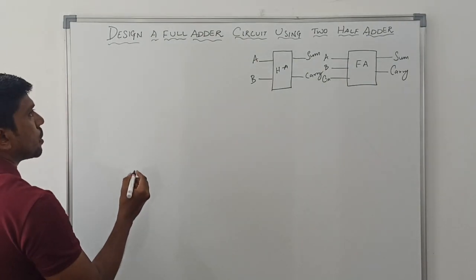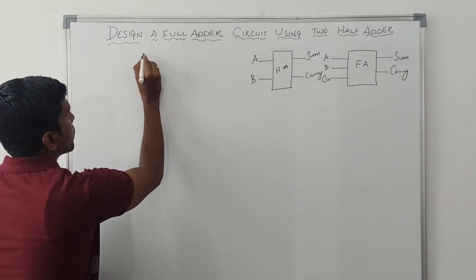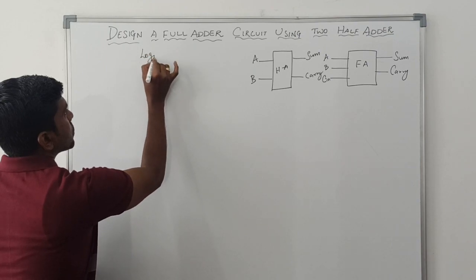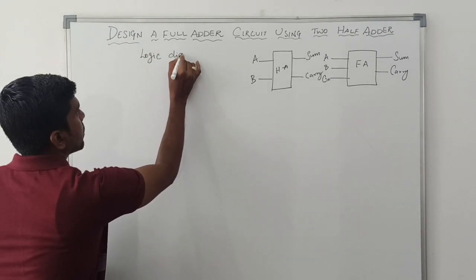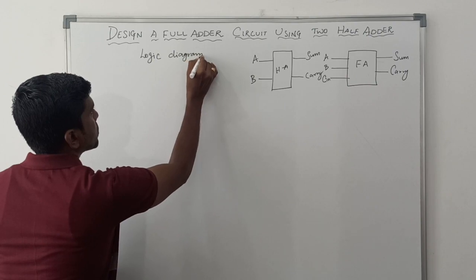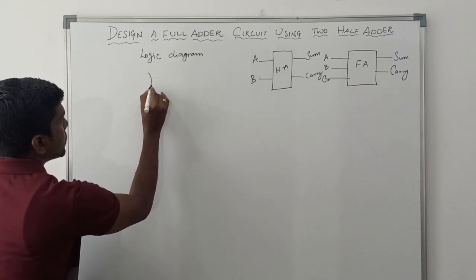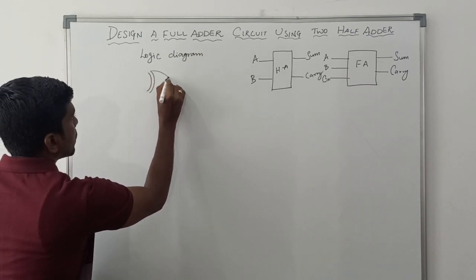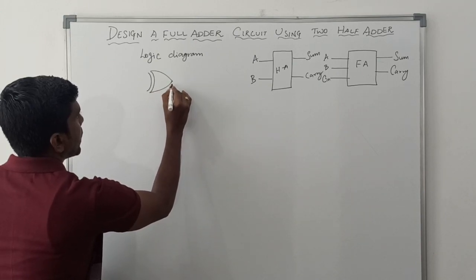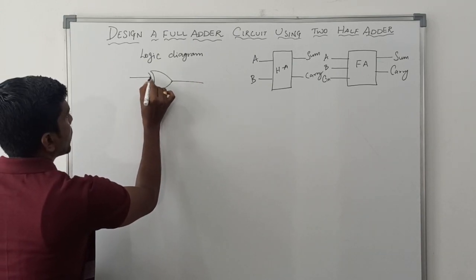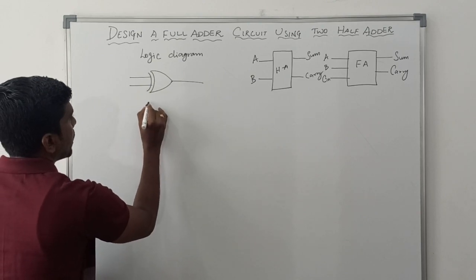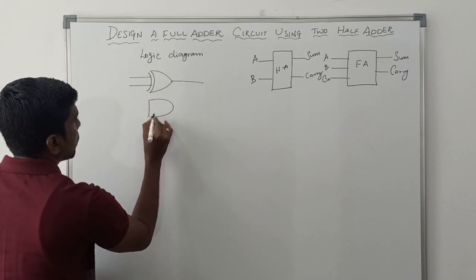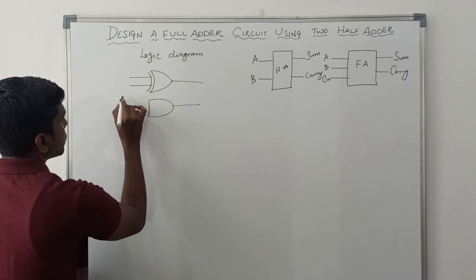Now I draw the logic diagram of the half adder circuit. In this logic diagram, two logic gates are present. One is called the XOR gate and the other is called the AND gate.